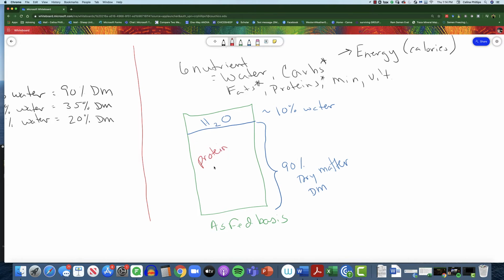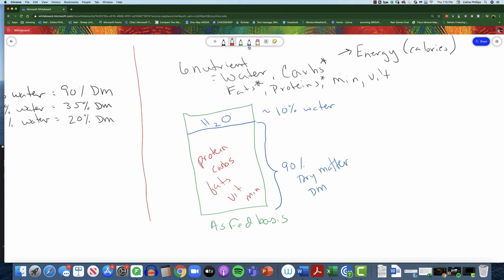Protein, carbs, and that's including fibers and sugars and starches and everything. The fats, vitamins, and minerals are all going to be packaged into that dry matter. And that's what we're really interested in supplying nutrients for our livestock.